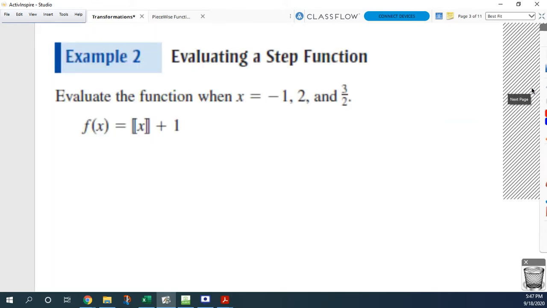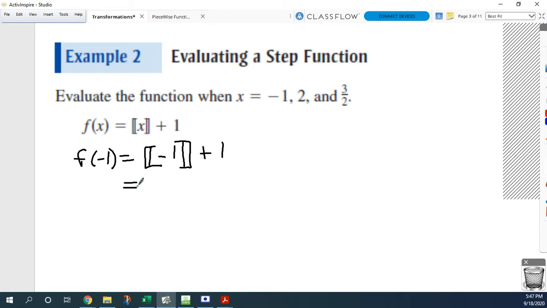It says evaluate the function when x is -1, 2, and 3/2. So we have a greatest integer function, and then we're going to be adding 1. If I wanted to plug in -1, I'm plugging the -1 in for my x, just like I normally would. I would be saying, what is the greatest integer that is less than or equal to -1?